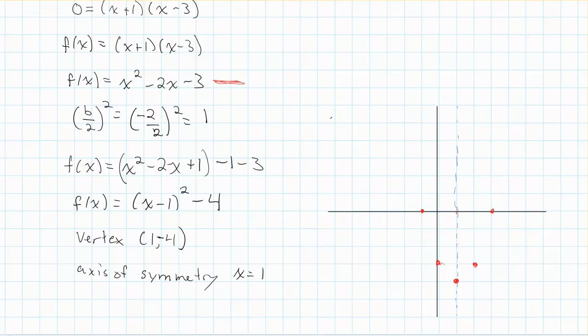So real quickly, without even using the transformations, I mean, you could use the transformations, it's to the right 1 and down 4, but without them, I used the x-intercepts, the vertex, and the idea of symmetry to quickly get a sketch of this parabola.